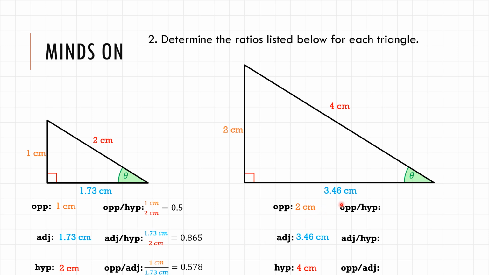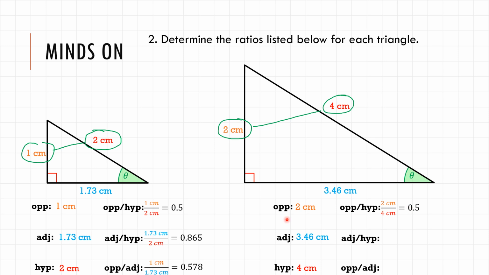Now let's go to the other triangle. Again, I'm dividing the same sides, right? Over here, I did opposite divided by hypotenuse, so 1 divided by 2. In this triangle, I'll do opposite divided by hypotenuse. That's 2 divided by 4. And what do you know?